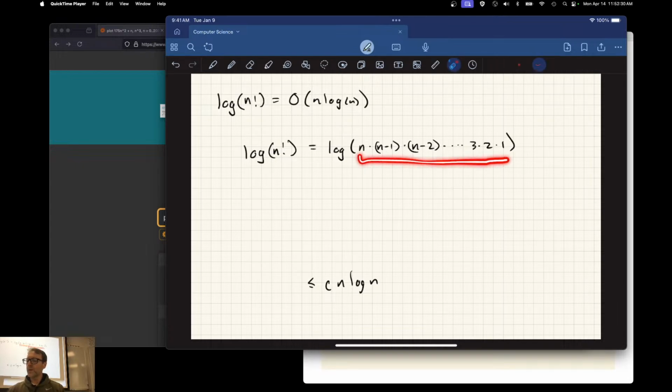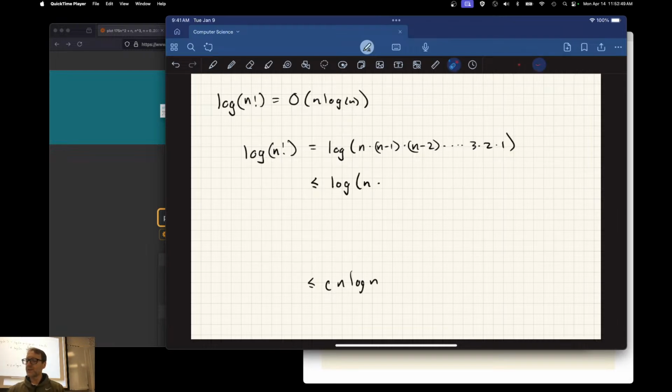If you just look at these terms right here, what is the highest order term? What is the largest term? N. Right? For all n greater than or equal to 1, because we don't deal with zeros here. So what could I do? What if I replaced every single one of these with n?